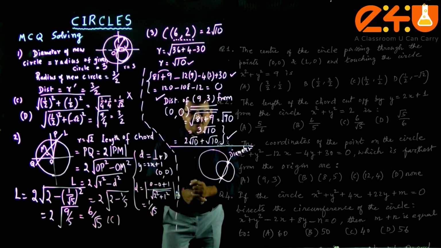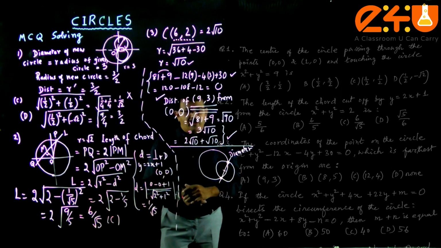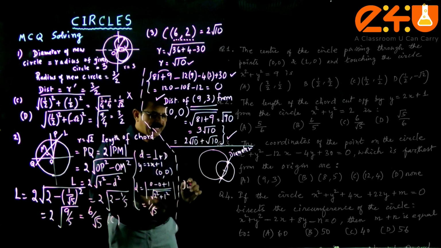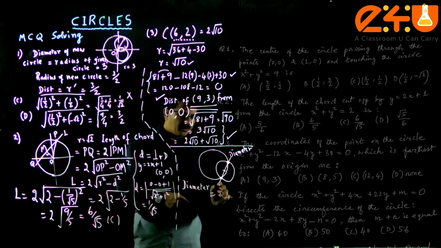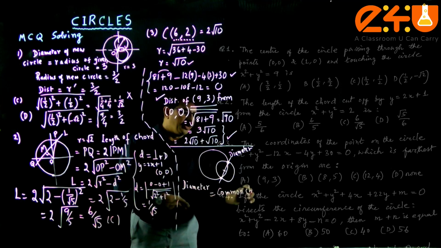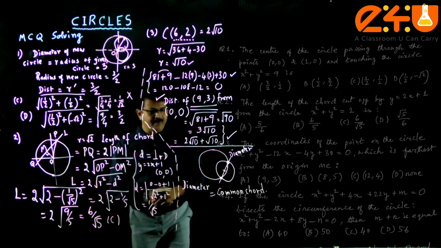The center of the second circle would lie on the diameter. In this case, there is an interesting concept: the diameter is also the common chord of both circles in discussion.